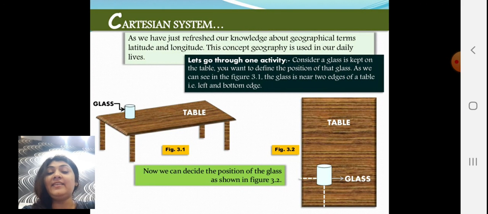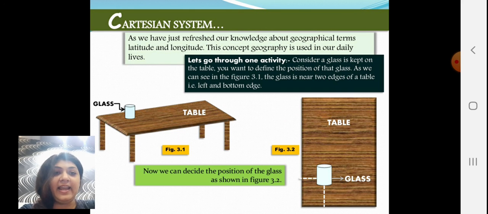Now, Cartesian system. As we have just refreshed our knowledge about the geographical terms, latitudes and longitudes, the concept of geography is used in our daily life. Let's go through one activity. Now consider a glass is kept on the table. You want to define the position of that glass as we can see in the figure.